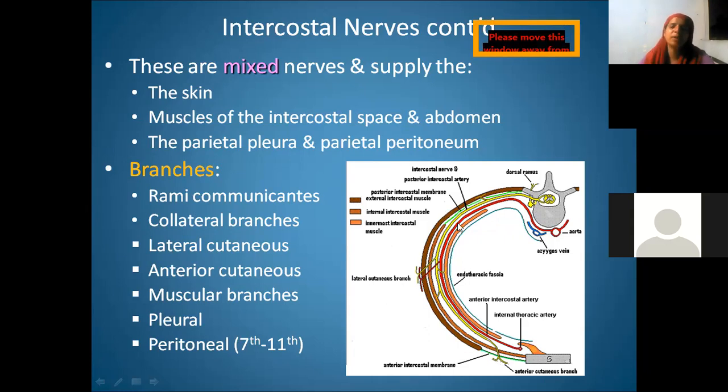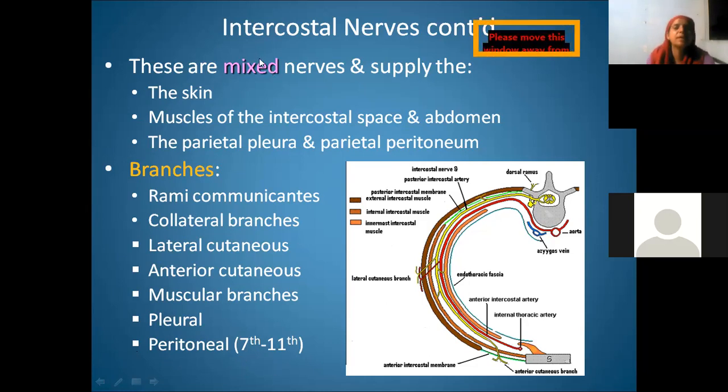And so many twigs are going and supplying these three muscles. These three muscles. They are called as muscular branches. And the branches which go deep inside, we have endothoracic fascia and pleura, no? So those are pleural branches. And the last ones, they are going and supplying abdomen also, right? So that is, they are supplying peritoneum. In the abdomen, we have peritoneum. So 7th to 11th are peritoneal branches.